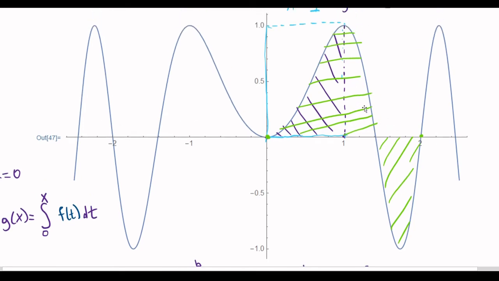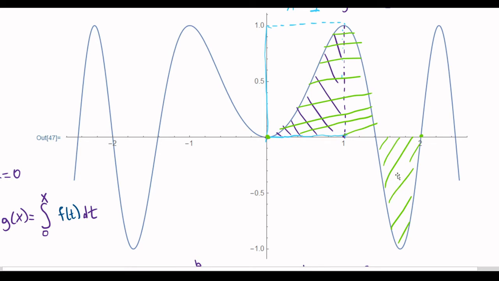We've got to be careful, because remember, when we think of these as areas, if the area is up here above the axis, it's positive. If the area that we're calculating is down here, it actually counts as negative. So what is G of 2 going to be? It's going to be this green, which is all positive, and then we're going to take away this green.